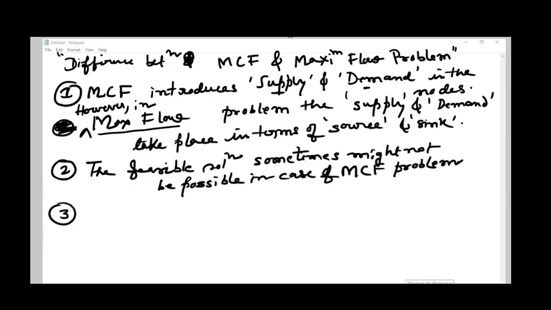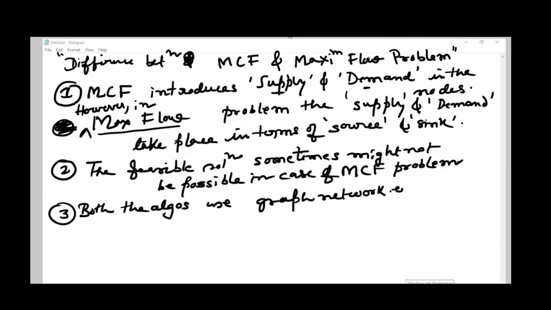Similarity: both algorithms use a graph network with capacities.